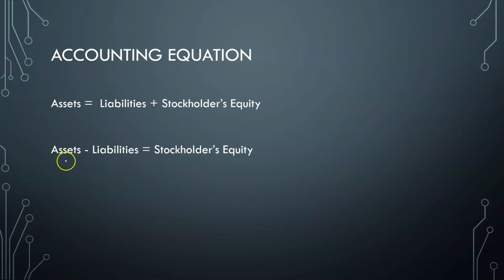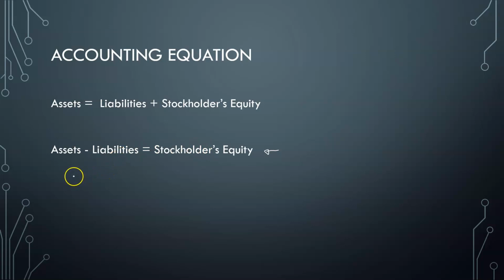Now, let's look at this one here. Is this the accounting equation? It is the accounting equation if we can rearrange this equation to say assets equals liabilities plus stockholders' equity. So let's see if we can do that. So this equation has liabilities on the left-hand side. Let's take liabilities to the right-hand side of the equation.